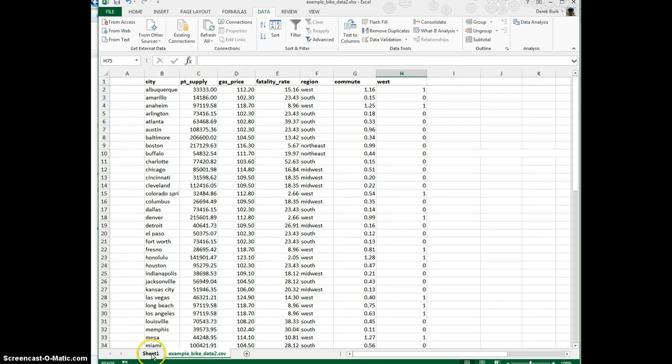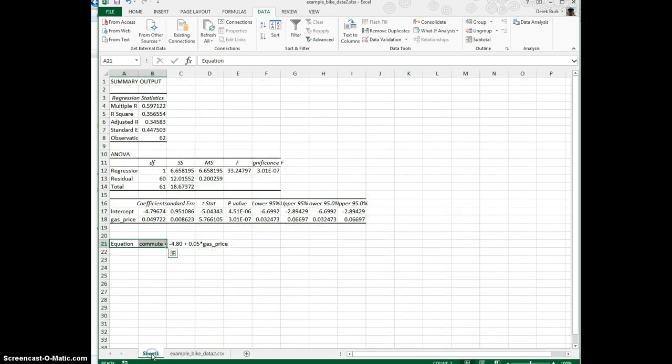So in this case, if you had the data analysis tool pack, then your regression results might be on another worksheet here. But either way, the first thing to do is make sure you know your regression equation. I got it from this output, but if you're using a Mac, you might have used the slope and intercept commands.